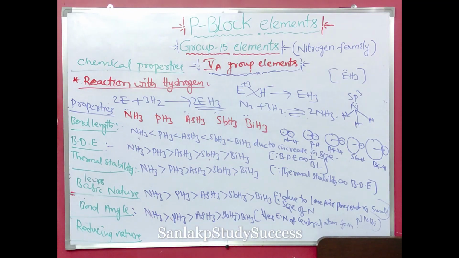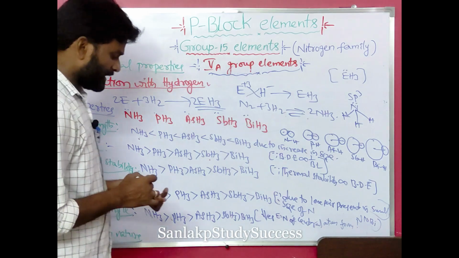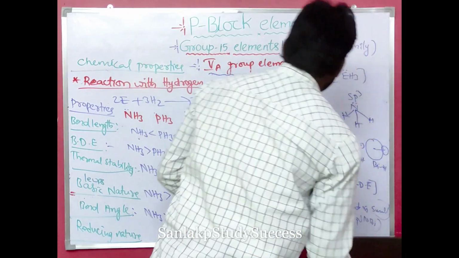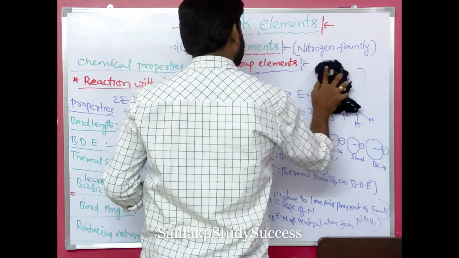In these hydrides, the one with more electronegativity of the central atom has a larger bond angle. And last one, reducing nature. According to this bond angle, listen to me, one more important concept.